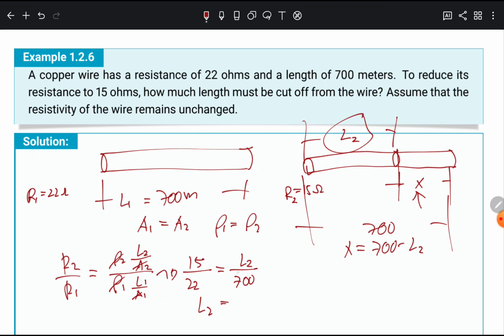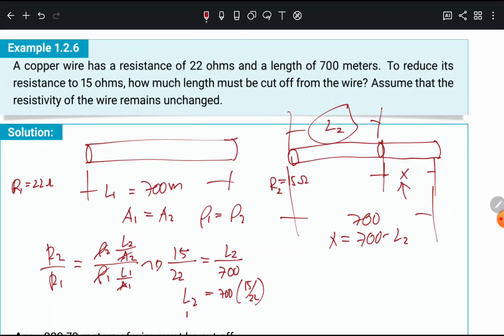The new length will be equal to 700 multiplied by 15 over 22. And this is equal to 477.27 meters. But this is not the unknown.